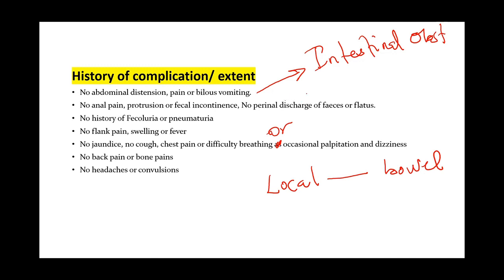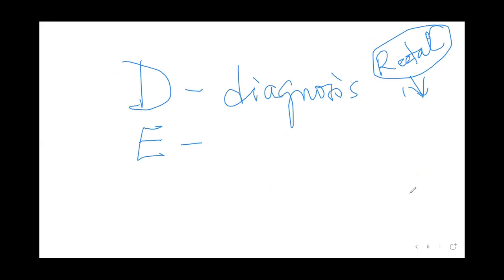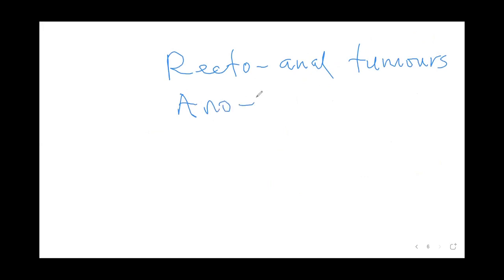The next complication we said is anal pain. This is a very important history when taking history of rectal tumor, because you must, in your history, differentiate rectoanal tumors from anorectal tumors.